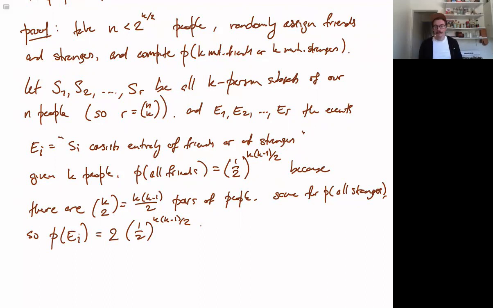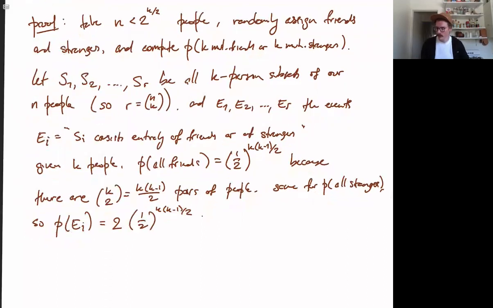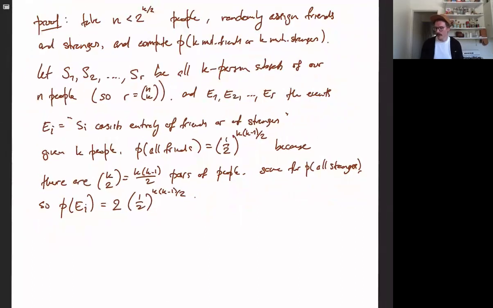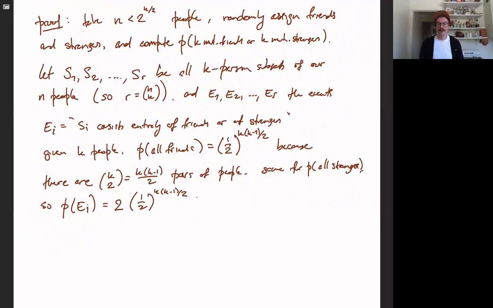And now, at this point, we have all our setup, and we can kind of just go compute this thing. So it may not be obvious what we're doing at each step, but remember that our goal is to show that this thing is strictly less than 1.